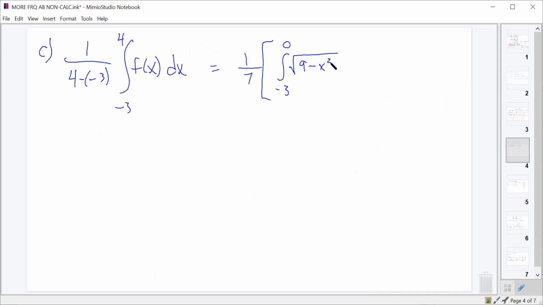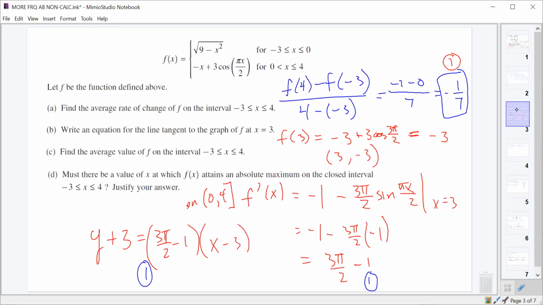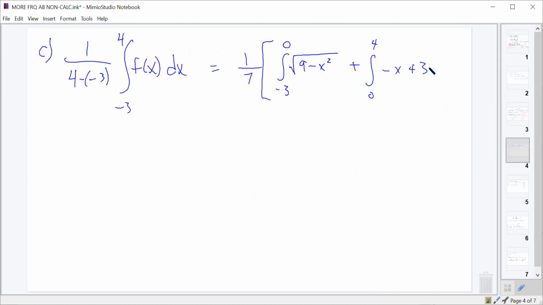And then plus the integral from 0 to 4 of -x plus 3 cosine pi x over 2. Everybody good with that so far?